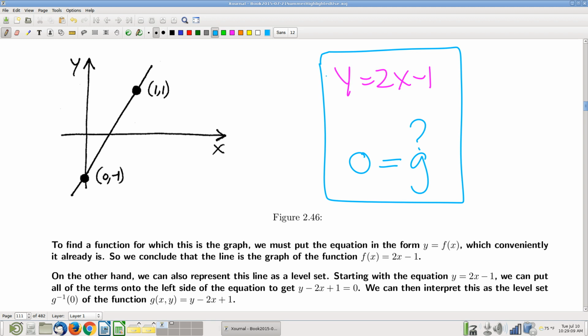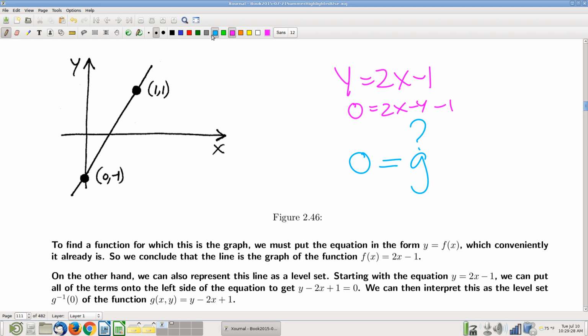Right here we have 0 equals there, but I can certainly take this equation and rewrite it very conveniently as 2x minus y. Anyway, let me do it like that. There's an equivalent equation, and now these line up just fine.